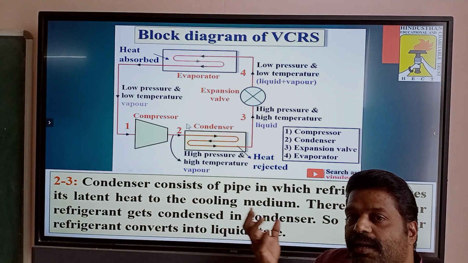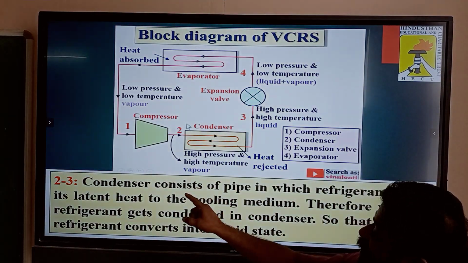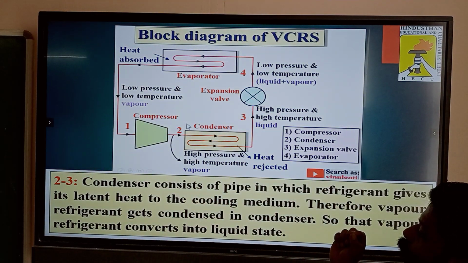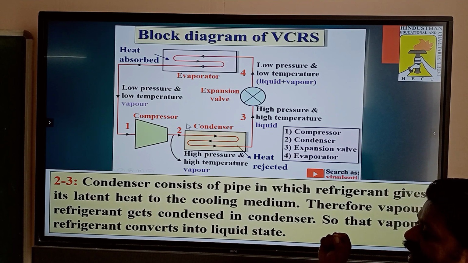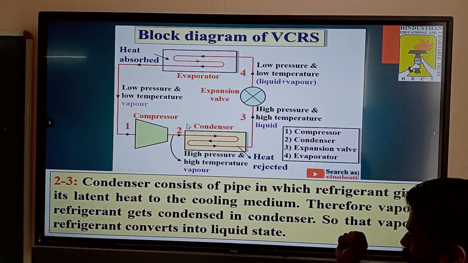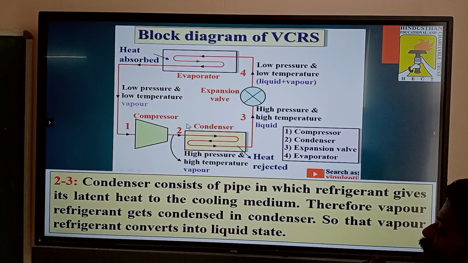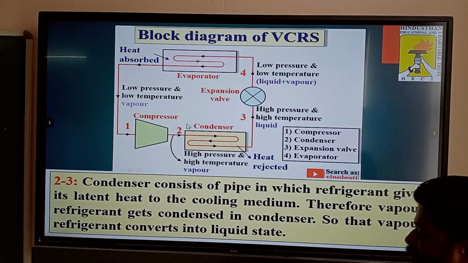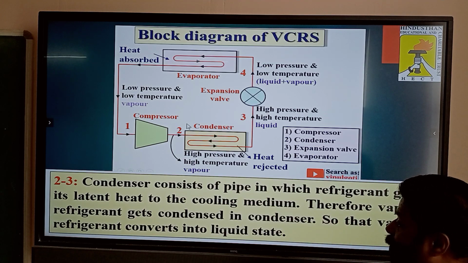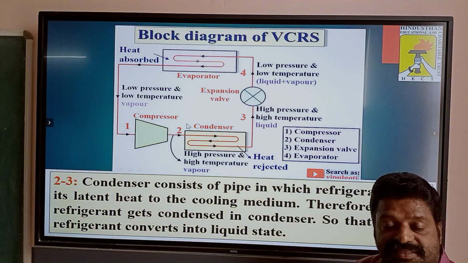The condenser consists of pipes in which the refrigerant gives its latent heat to the cooling medium. Therefore, the vapor refrigerant gets condensed in the condenser, so the vapor is converted into liquid state.